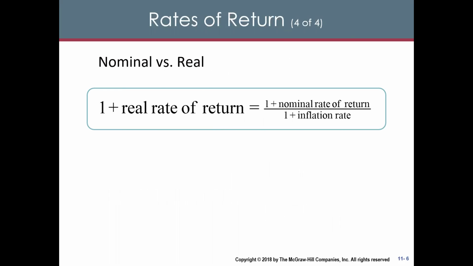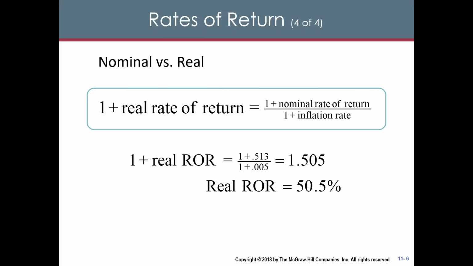There is also the nominal return and the real return. The formula is: 1 plus the real rate of return equals 1 plus the nominal rate of return, divided by 1 plus the inflation rate. Suppose the inflation rate is 0.5%, and the nominal rate of return is 51.3%, as we computed earlier.